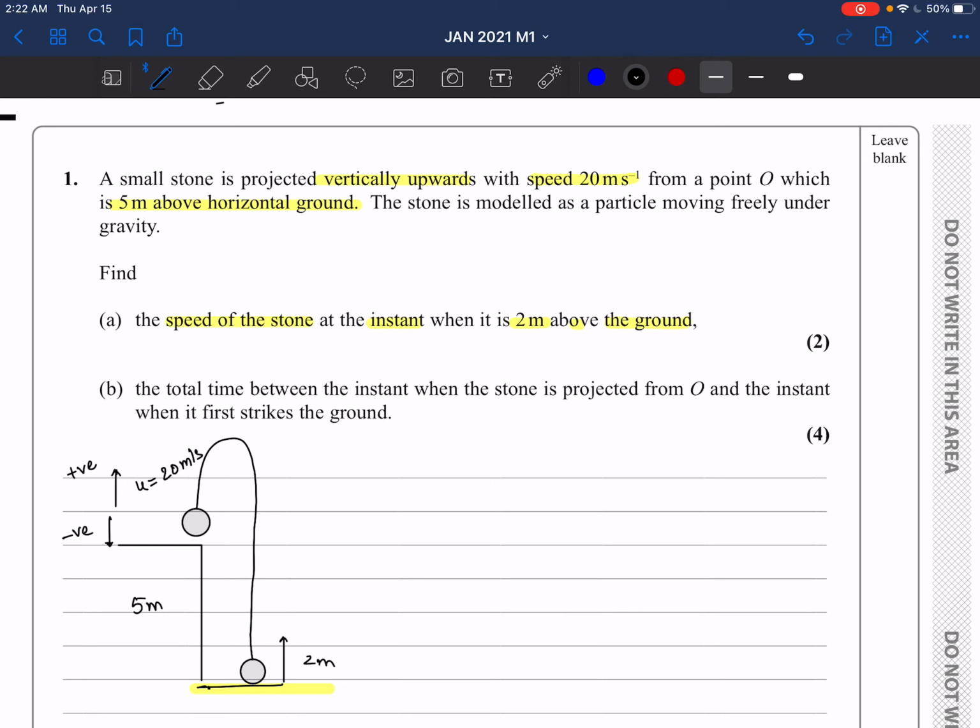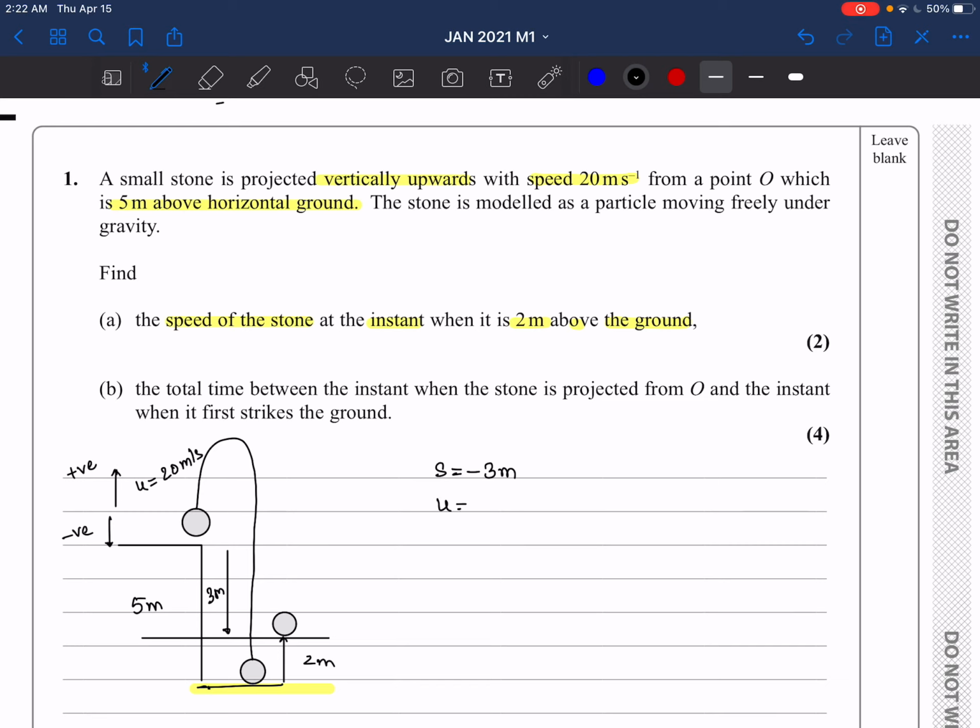So the ball must be at this point where it will be 2 meters above the ground. At this point, what is the displacement of the ball? The ball moved from the initial position in a downward direction by 3 meters. So our s will be minus 3 meters.